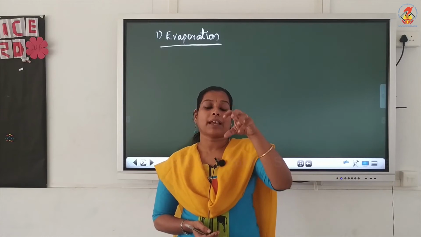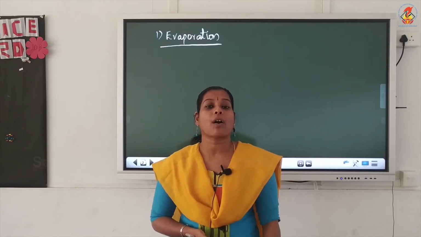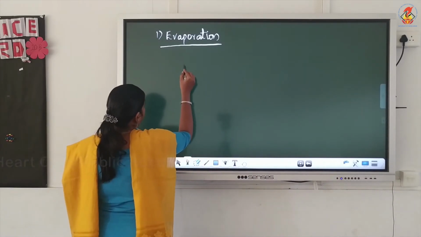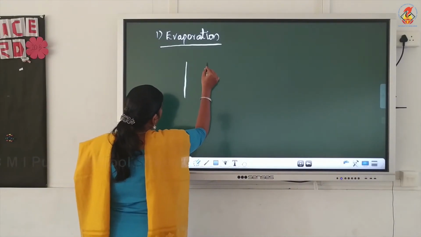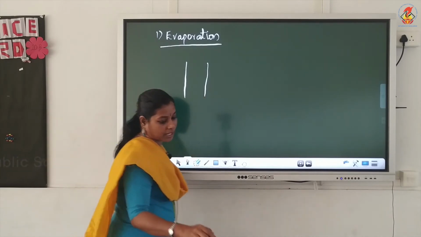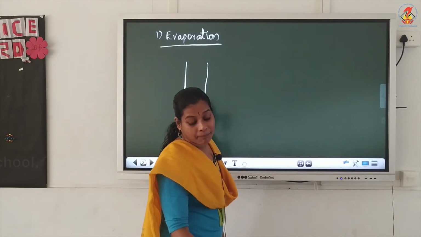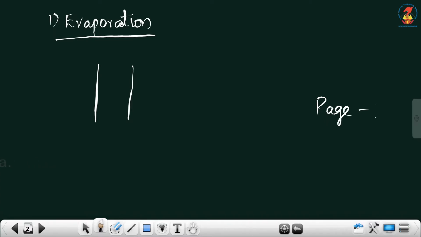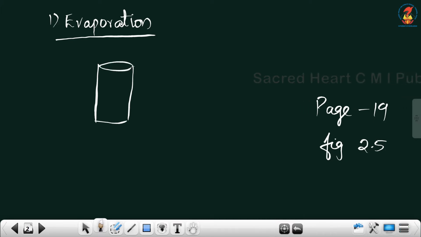So the watch glass we are just keeping on the top of the beaker. That apparatus is shown in your textbook, page number 19, figure 2.5.